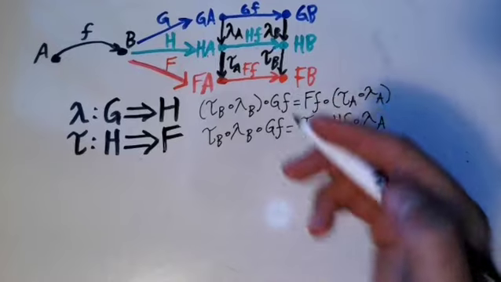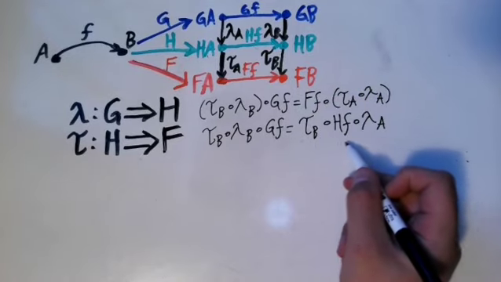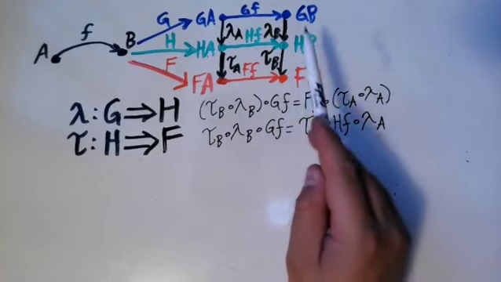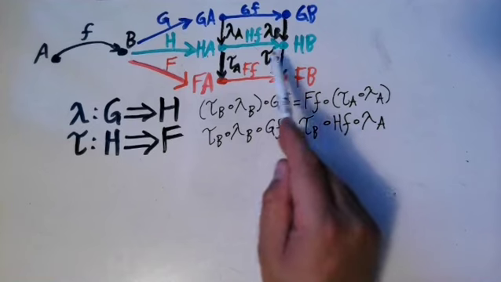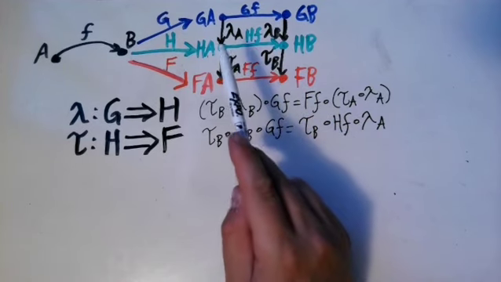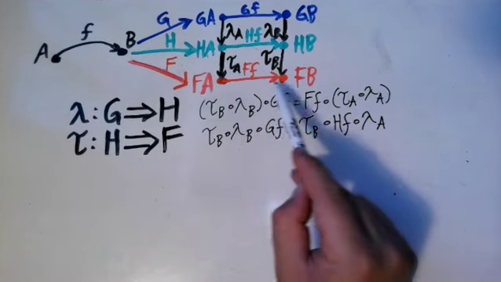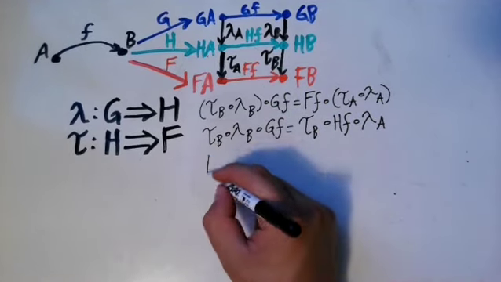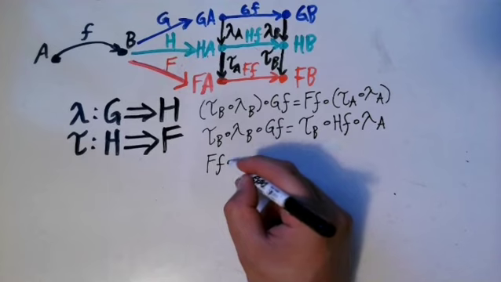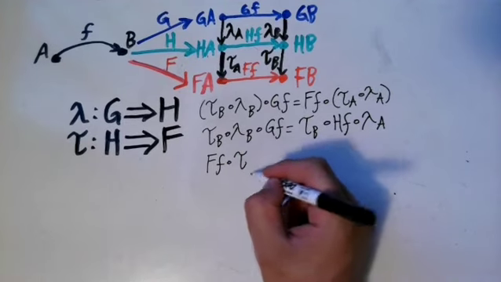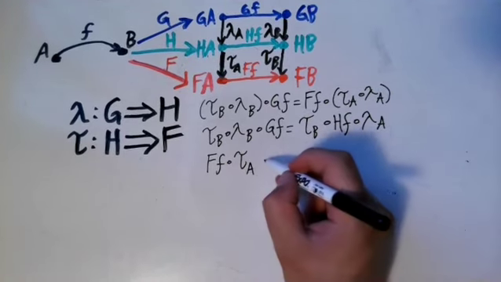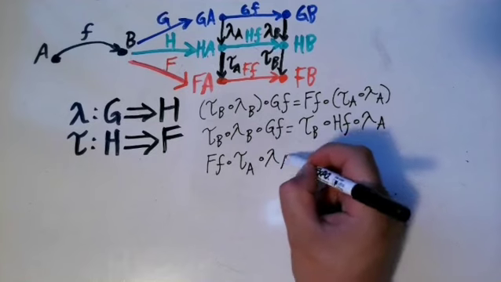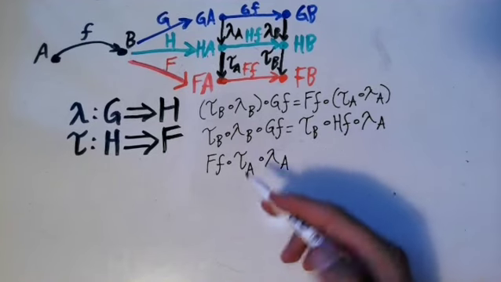But then we can apply the second natural transformation to this first part, because tau of B after H of f is the same as F of f after tau of A, which gives F of f after tau of A after lambda of A. But that's what we needed to show.